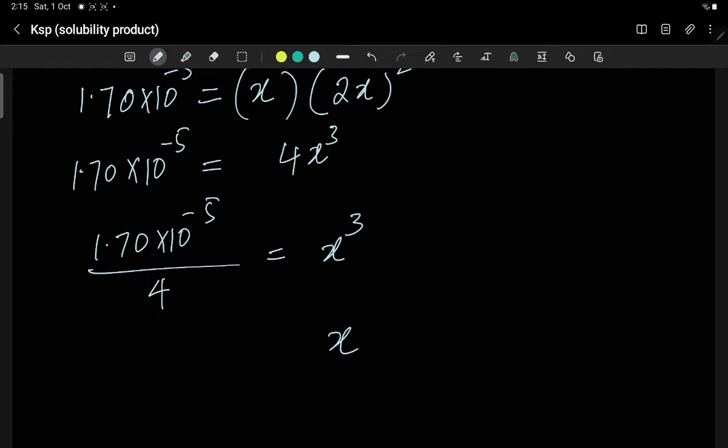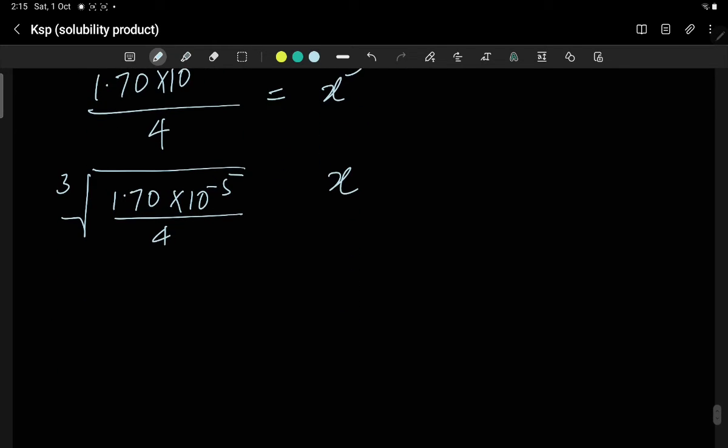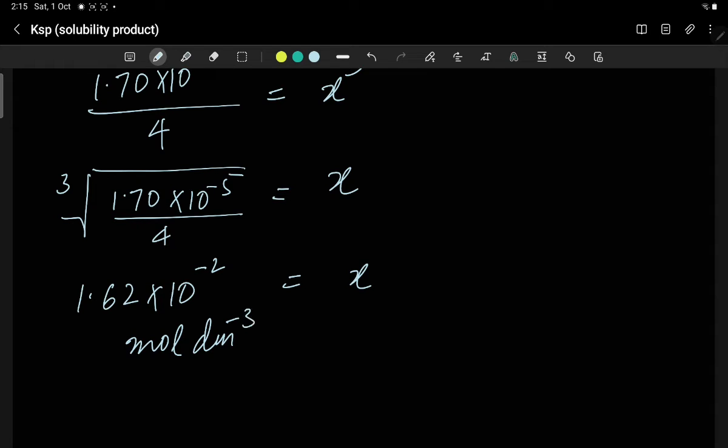So x is equal to the cube root of 1.70 × 10^-5 over 4, which is equal to 1.62 × 10^-2 mole dm inverse cube.